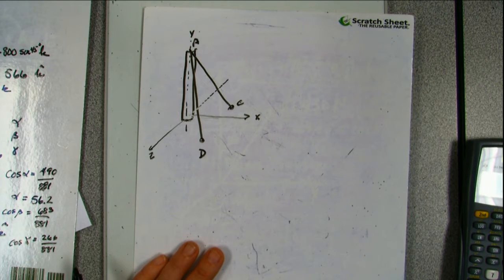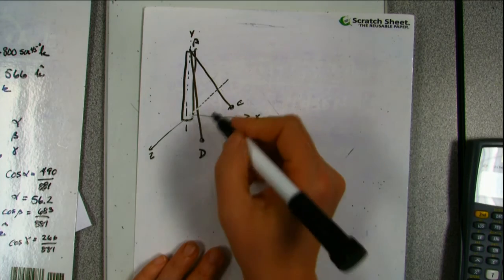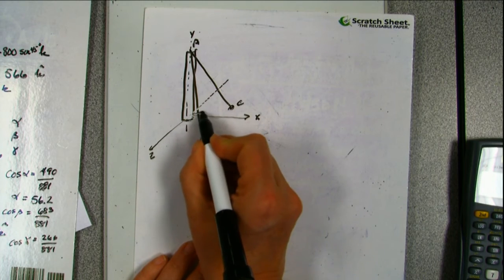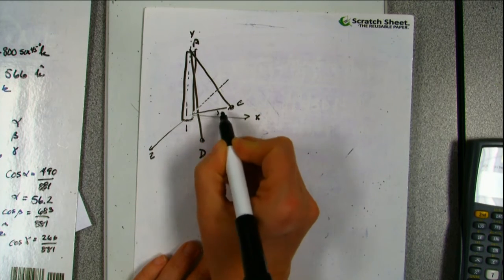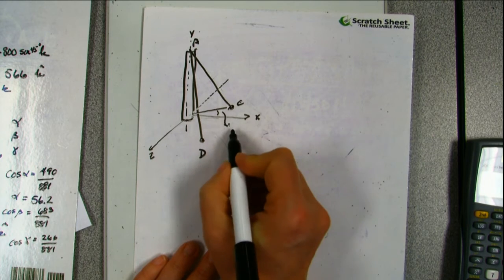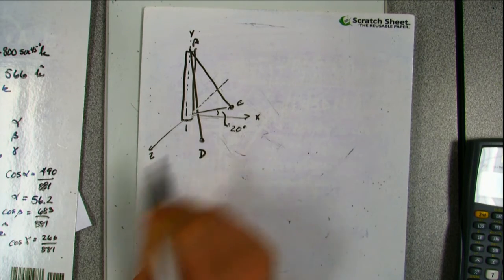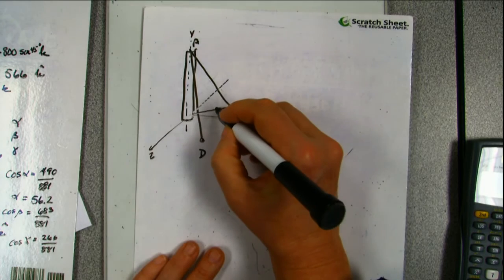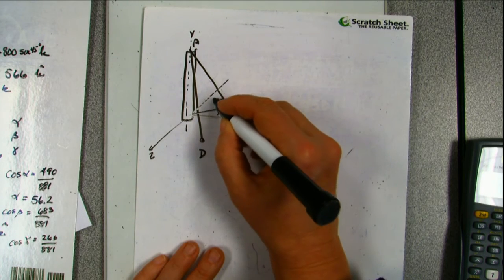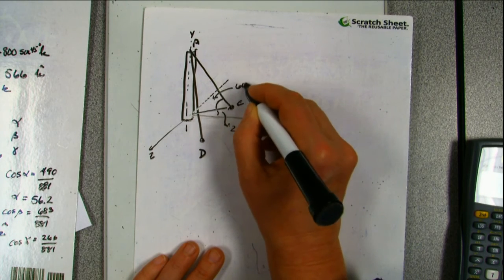So I'm having to draw in a few things. We're told that if I draw a line from here to here, that angle is 20 degrees. And we're told that the angle that it's making going up is 60 degrees.